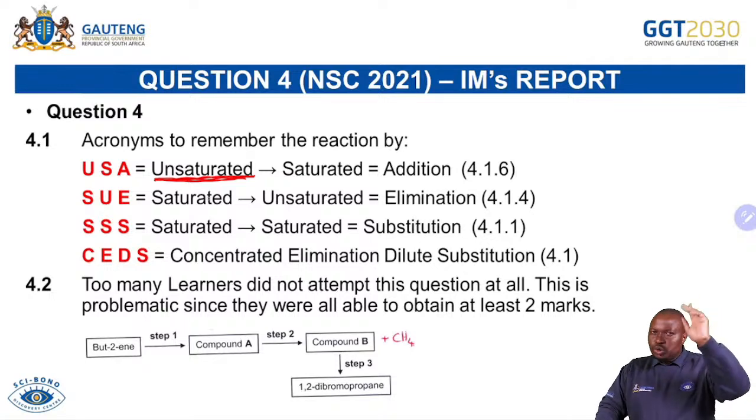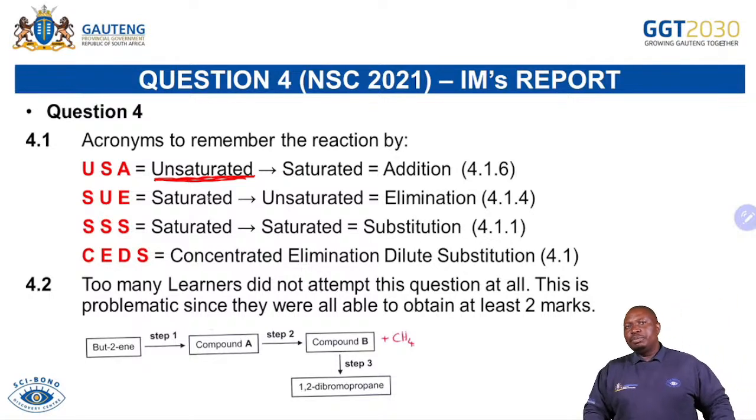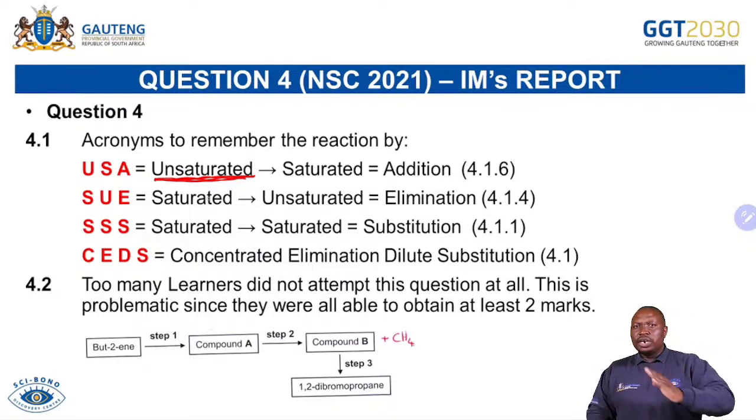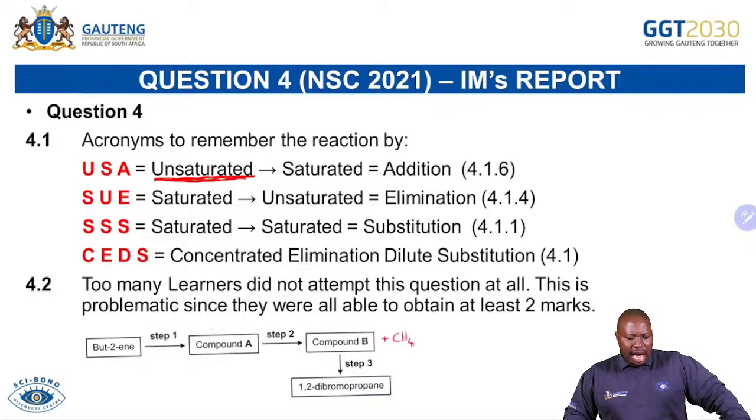When you see a double bond, you know it must be addition. We only add on the double bond. So it must be easy for you. When you see a double bond, the only reaction in grade 12 under question 4 is the addition reaction.